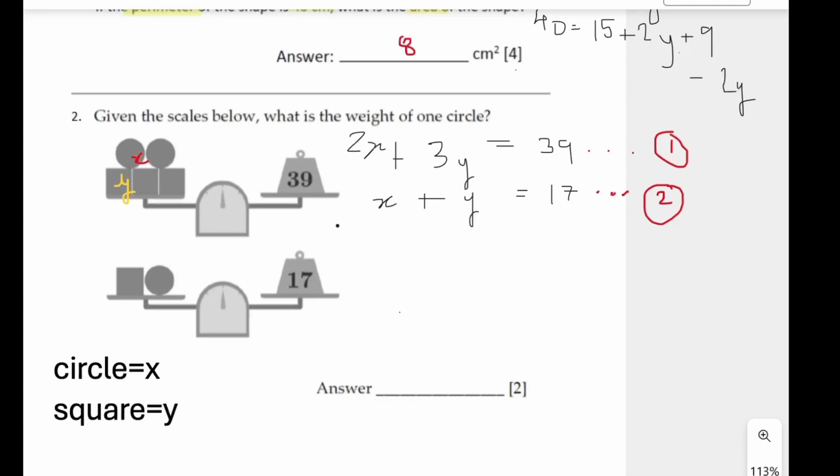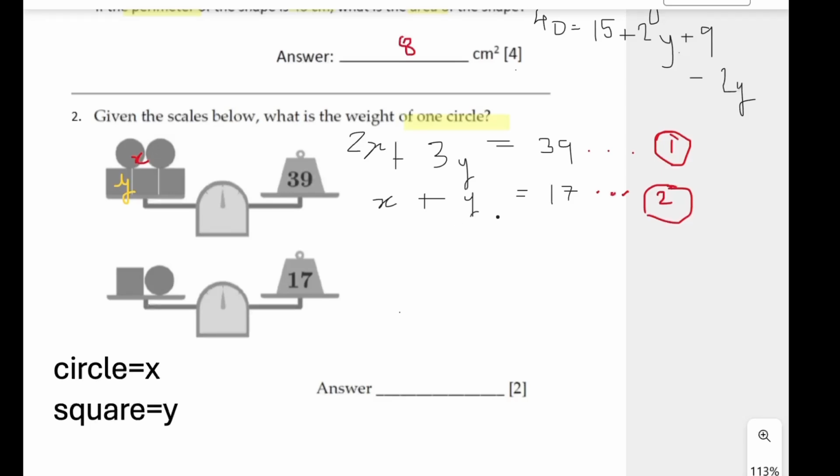In order to solve them, we are going to subtract equation 2 from equation 1. So if we're going to subtract, 2x minus x gives us 1x, and then 3y minus y gives us plus 2y, which is equal to, in fact, since we are only finding the weight of one circle, we only have to find x. Now, how do we do this?